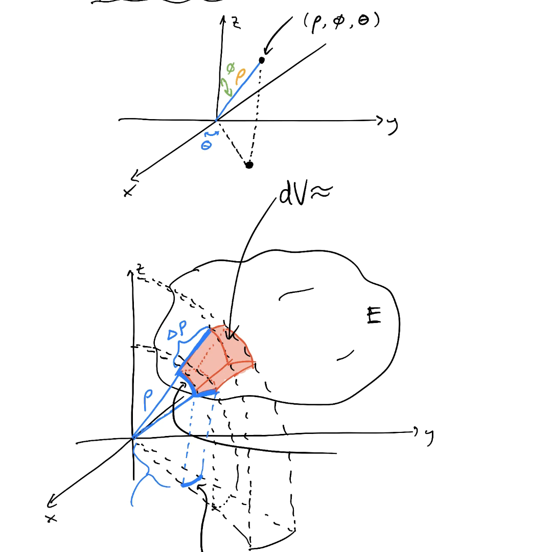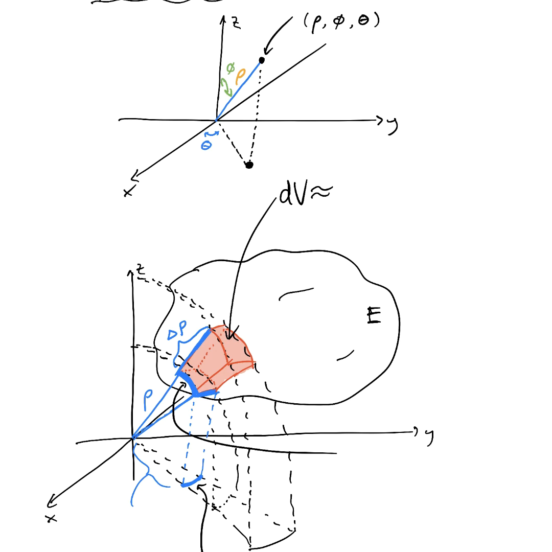This one here comes from fixed distance to the origin, but change in swing down angle from the positive z-axis. So this is fixed rho and tiny change in phi. And that edge is part of a circle.